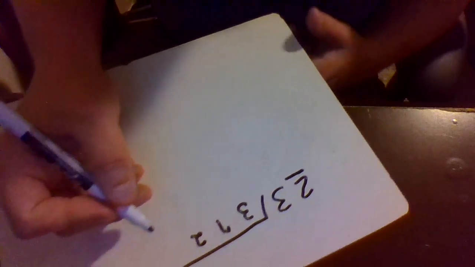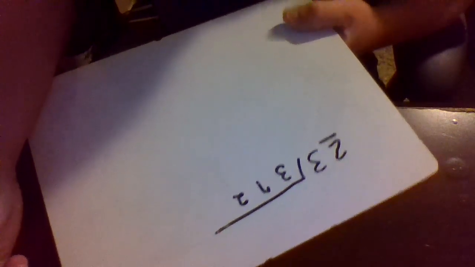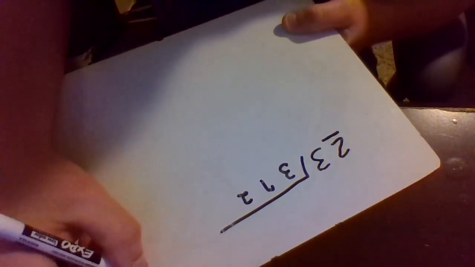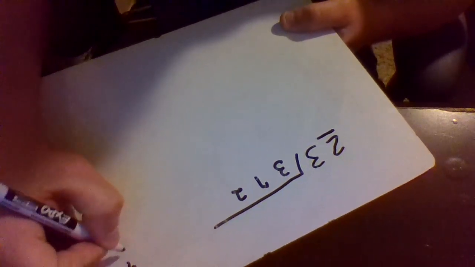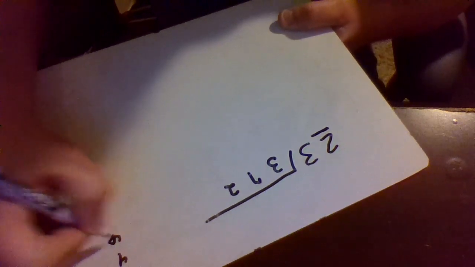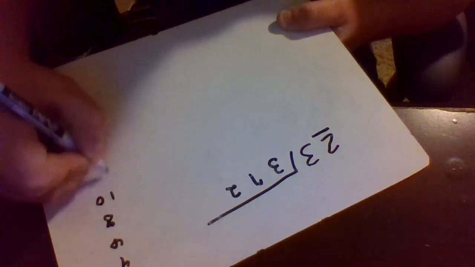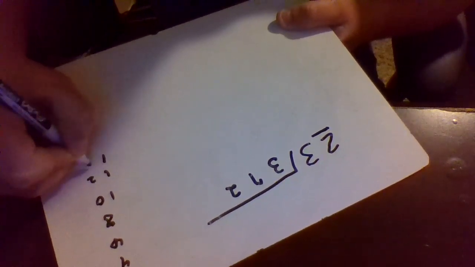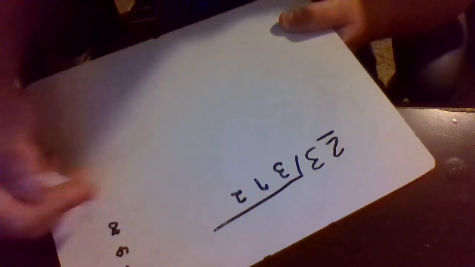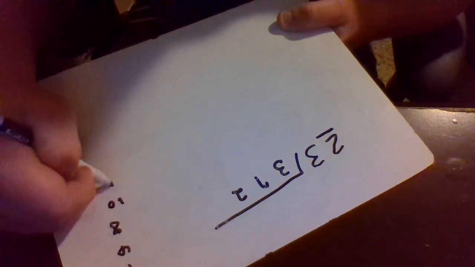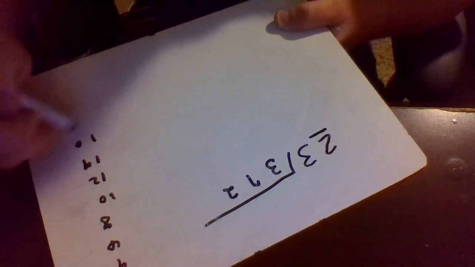Well, if you want to, like we did with the other ones, we can start by doing our 2 multiplication tables. 2 times 1 is 2. 2 times 2 is 4. 2 times 3 is 6. 2 times 4 is 8. 2 times 5 is 10, 12, 14, 16, 18.